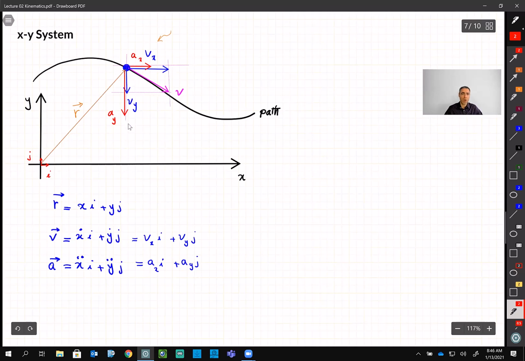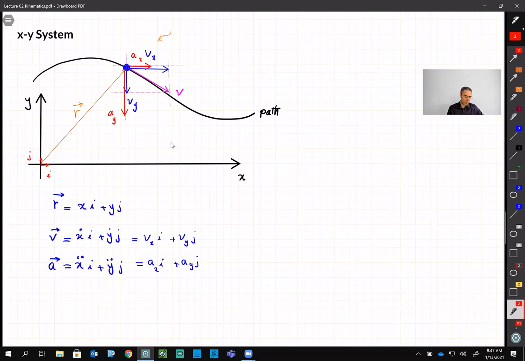But Ax and Ay, if I find their resultant, may not be tangent to the path. Is it clear, guys, so far, what we are doing? Don't be intimidated by these shapes and things. When we solve problems, you will see how easily we just use these. This is just the formality to know where things come from and the basic formulas. Are there any questions so far? Good.